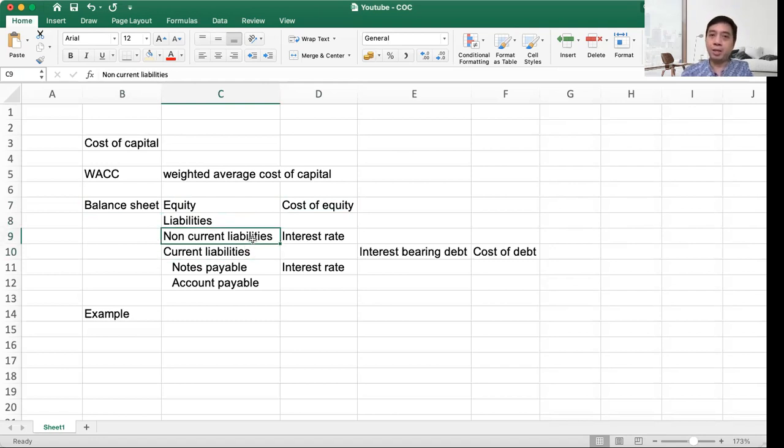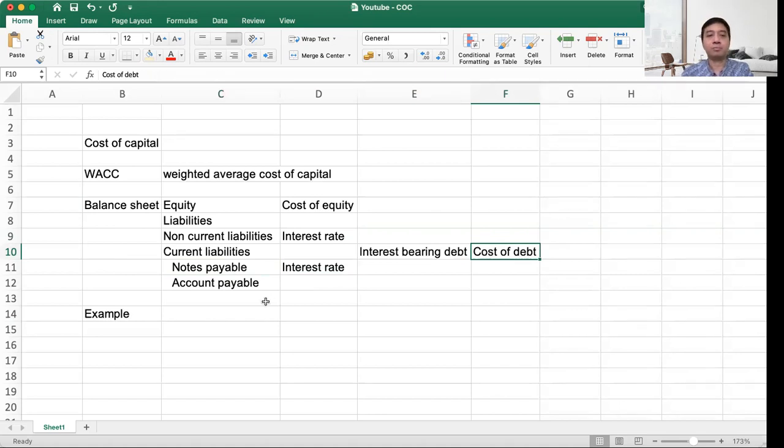For non-current liability, we always have to bear the interest expense, which comes from the interest rate, and also for the notes payable. We also need to pay the interest expense, which comes from the interest rate. So for this side and this side, we may call it interest-bearing debt. Now, as a consequence of using liability as our source of funds, we need to calculate the cost of debt.